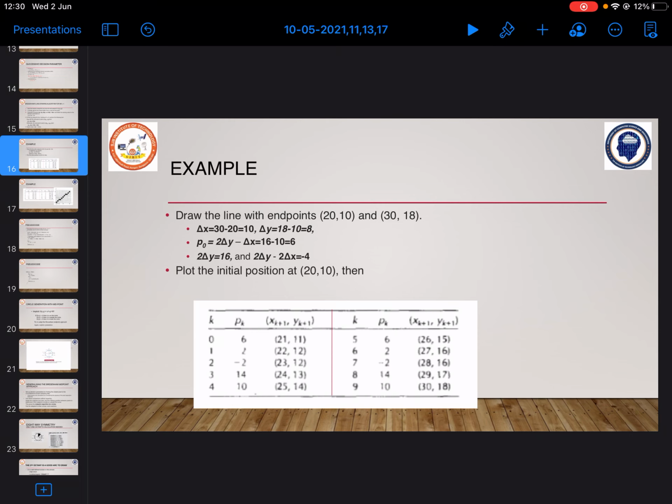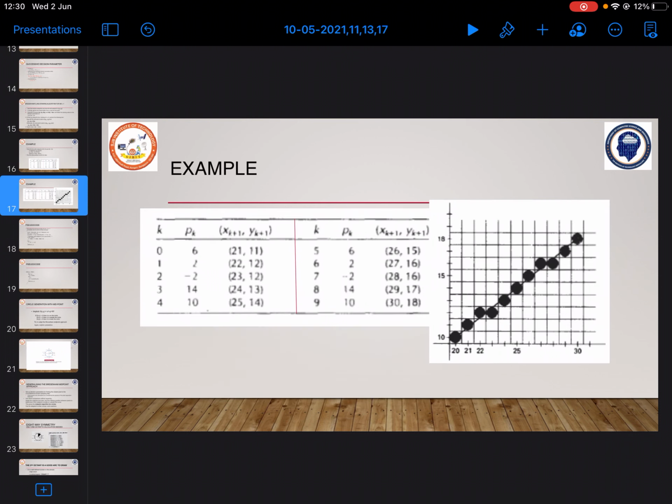Then k is 0 and pk is 6, so the next point is (21, 11). The next pk will be 2, then the next point will be (22, 11), and so on until we rasterize up to (30, 18). This is how the line is drawn.